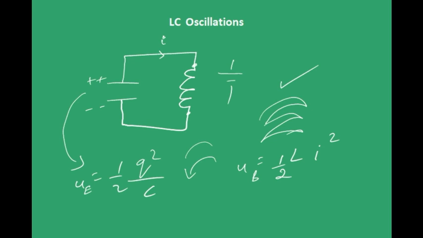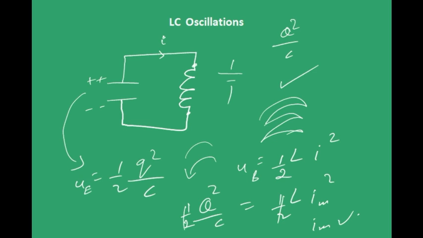So the maximum energy stored inside the capacitor, that is Q square by 2C, where Q is the maximum possible charge, should be equal to half L Im square, where Im is the maximum possible current, right? And what can I get from this? If I know the initial charge, capacitance and inductance, I can find the maximum current that is possible in this case. So this is the formula you can remember: Q square by C is equal to L Im square, where Im is the maximum possible current.